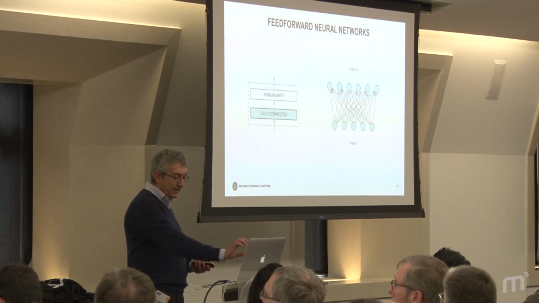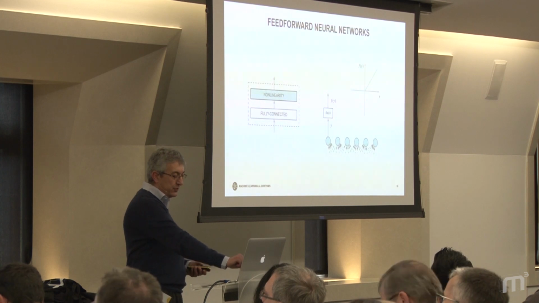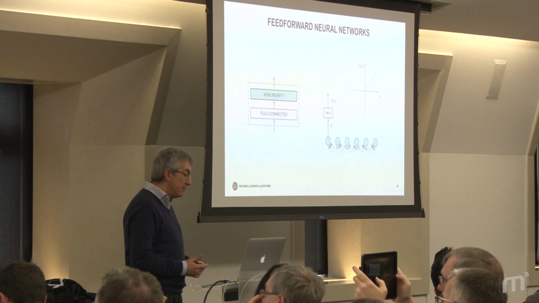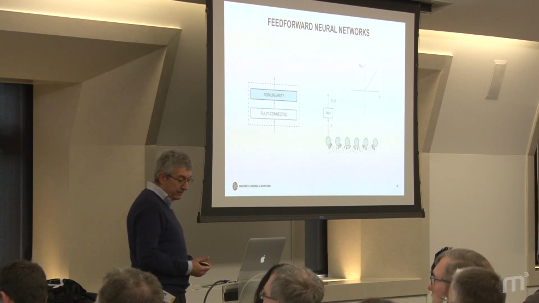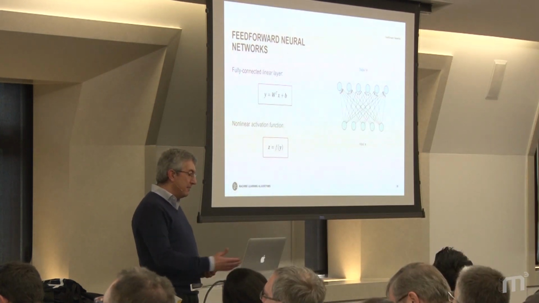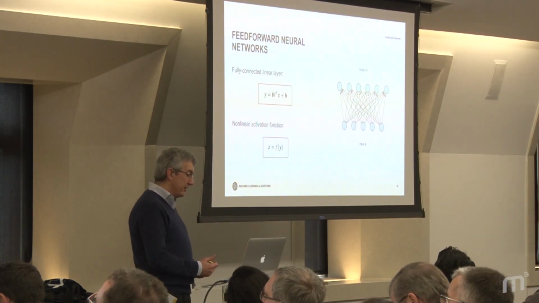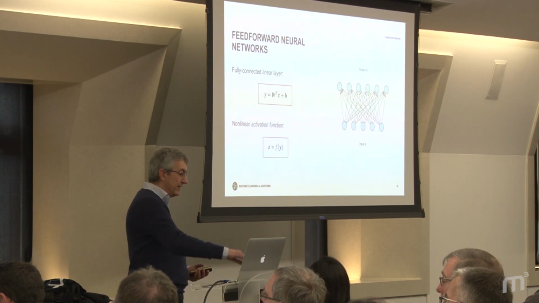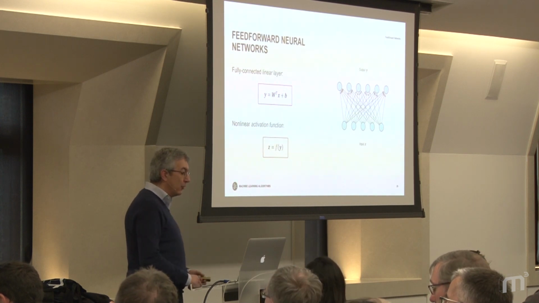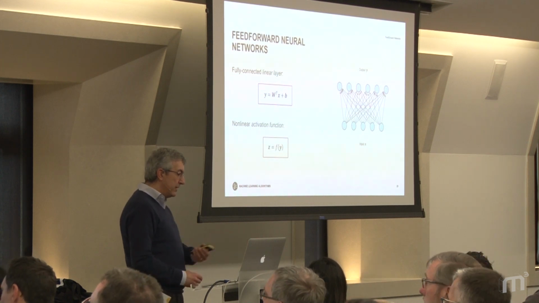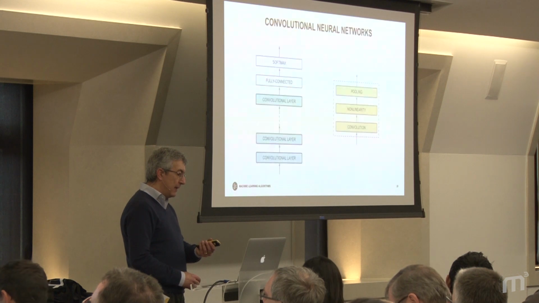So after this fully connected series of connections, each one of these units has a function which in modern deep networks is typically a rectified linear unit function. The formalism is an affine transformation, really a linear transformation, for the connection between units of one layer and those of the next layer, and the nonlinear activation function produces the final output of the layer. So this is for the basic feed-forward networks.